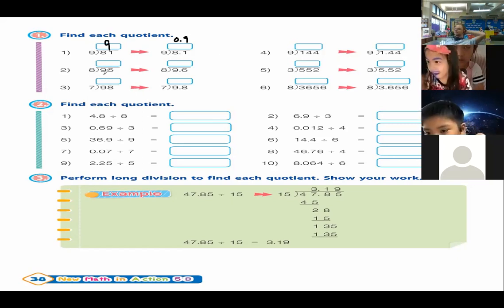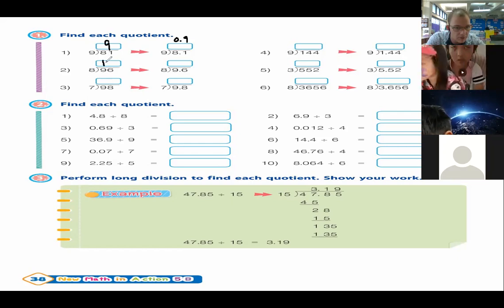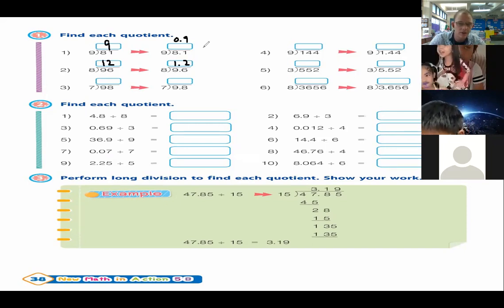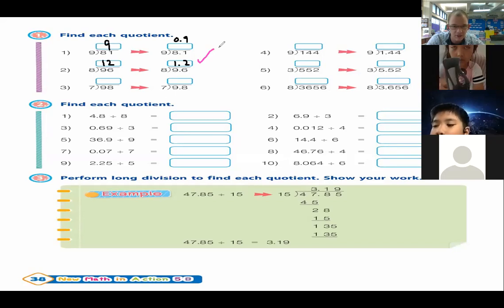You can tell me. Who can tell me? 12. Excellent. What is 9.6 divided by 8? 1.2. Oh, I didn't expect you to get it that fast. Excellent, good job so far.